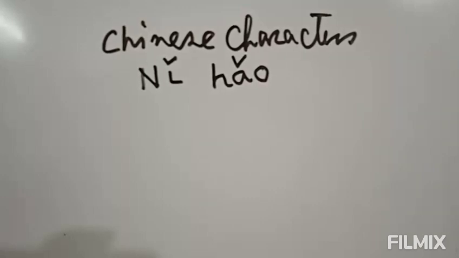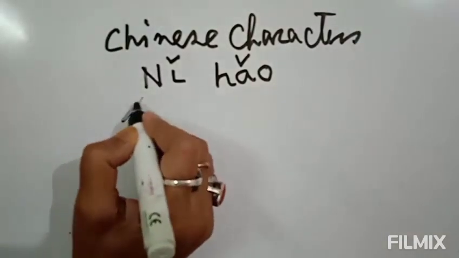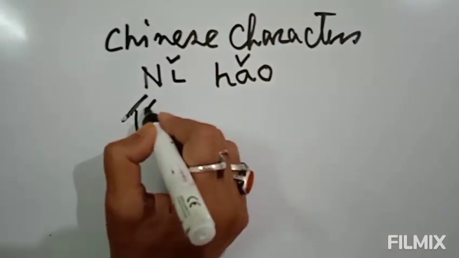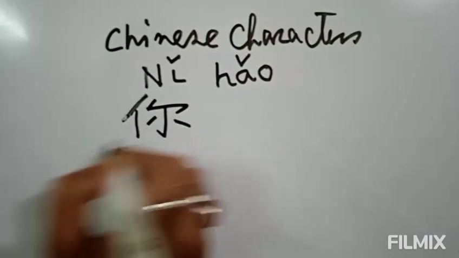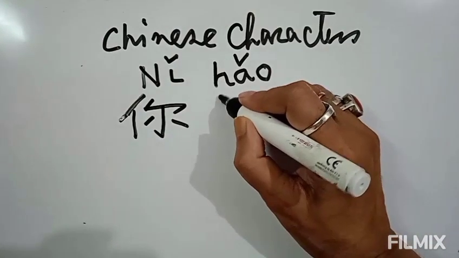I am showing you how to draw the characters. I am showing you twice. This character is called ni, ni, and this is how.